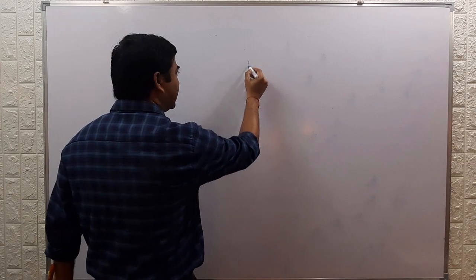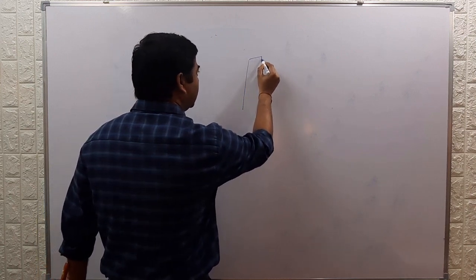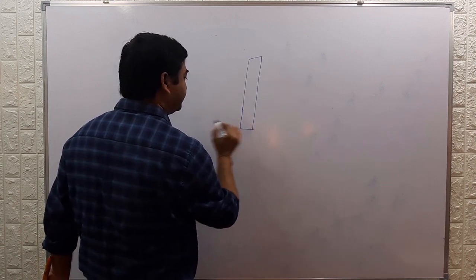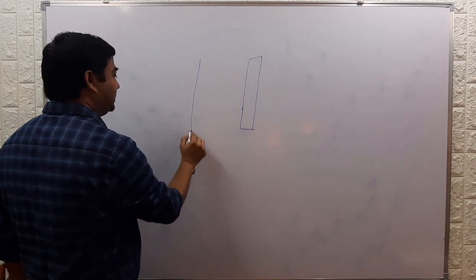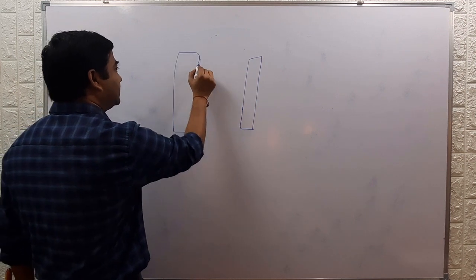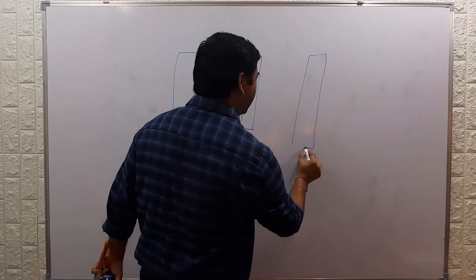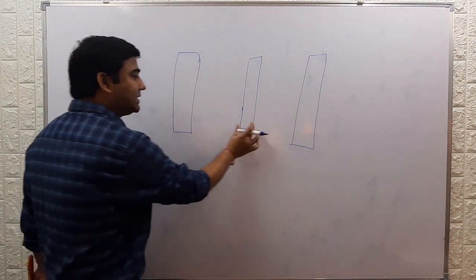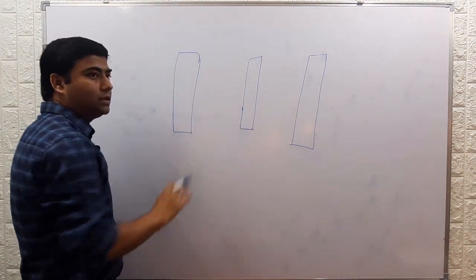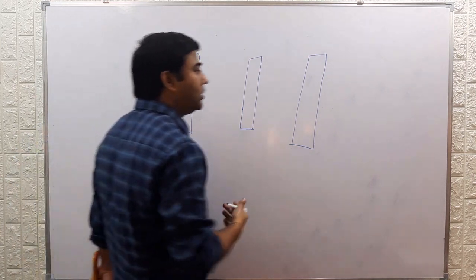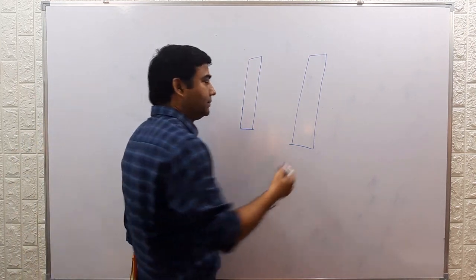Now we will discuss another example. Let these be three plates of equal area A, and all these distances are very small, so we can use the formula for an infinitely large area.